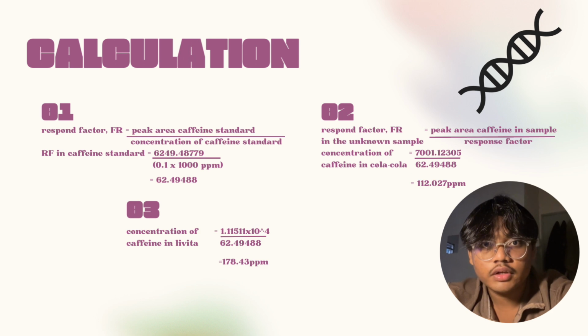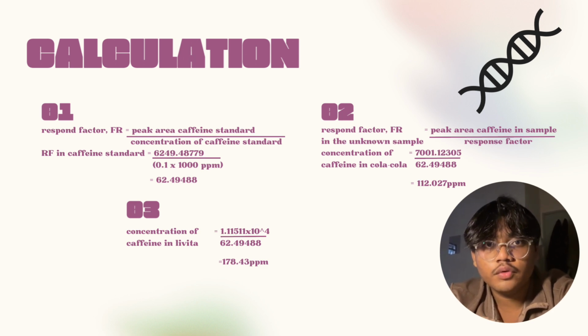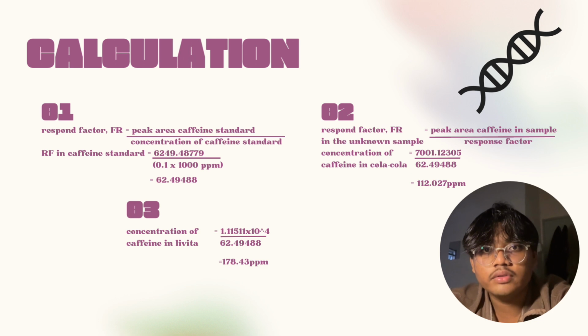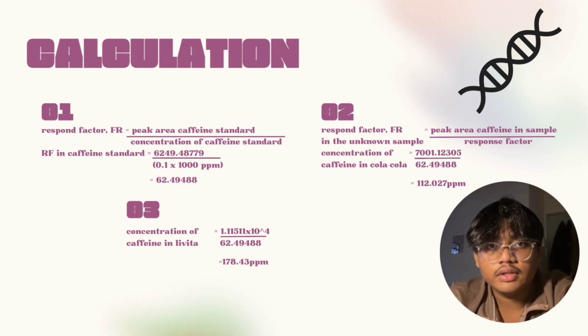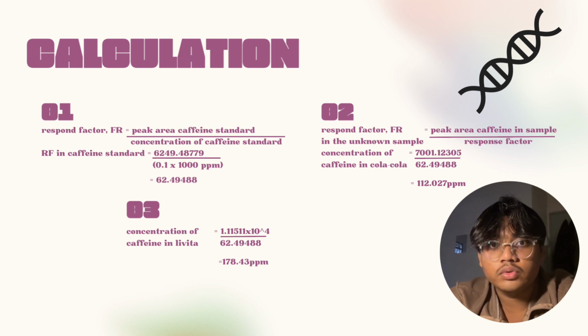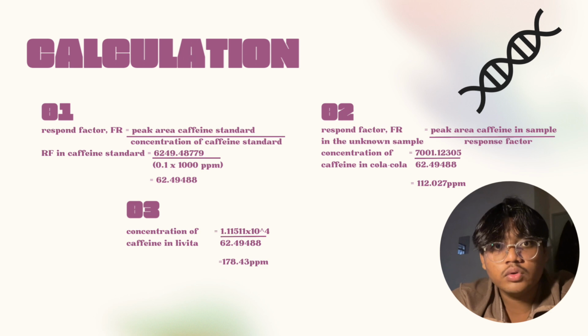For the calculation, response factor equals peak area of caffeine standard divided by concentration of caffeine standard: 6249.48779 divided by 0.1 times 1000 ppm, and we get 62.4948. Next, the concentration of caffeine in the unknown sample equals peak area of caffeine in sample divided by response factor: 7001.12365 divided by 62.4948, and we get 112.027 ppm.